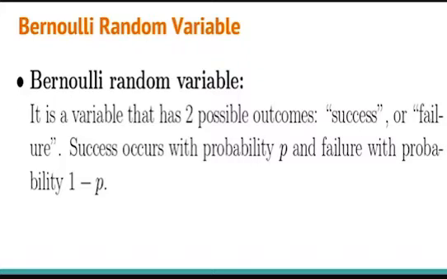Now, I'm actually going to start with the Bernoulli random variable. In a Bernoulli random variable, when we perform the experiment, how many times? Once. And there are two possible outcomes. Either we record failure or success. Does that make sense?